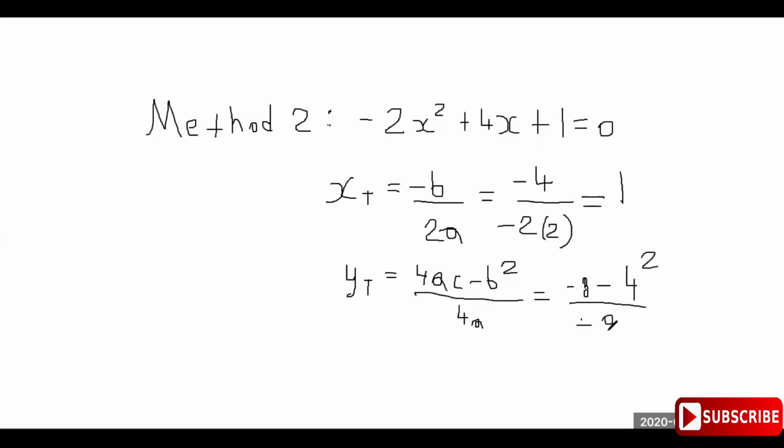Minus 8. And so this works out to be minus 8 minus 16, that's minus 24, over negative 8, which is 3.